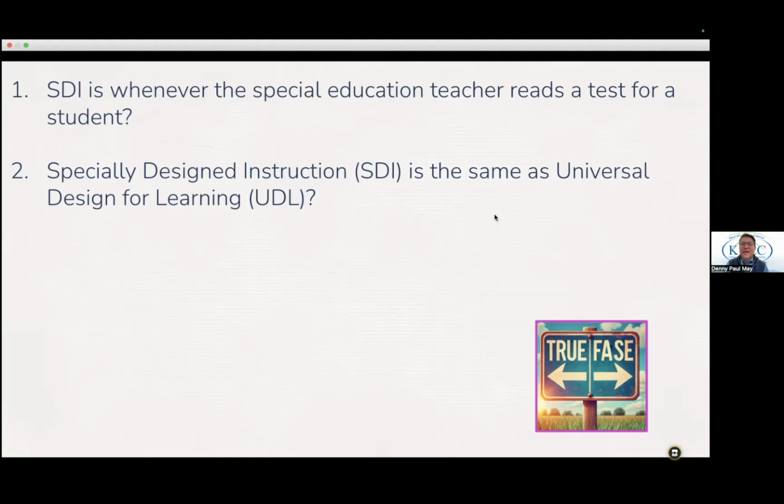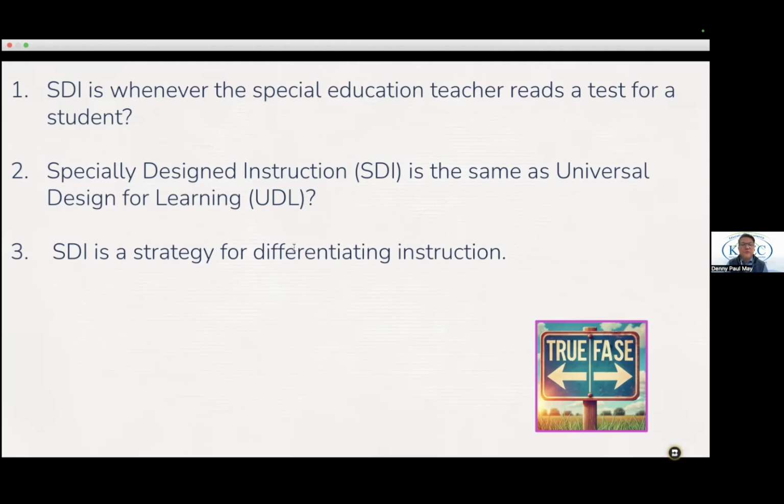Yes. And let's go to the next one. SDI is a strategy for differentiating instruction. Well, that one is a little tricky. Is it true or false? What do you think?